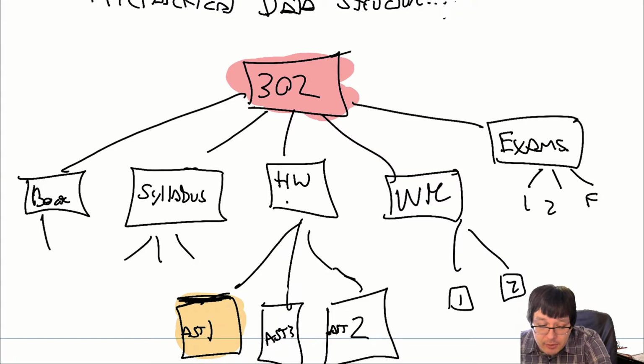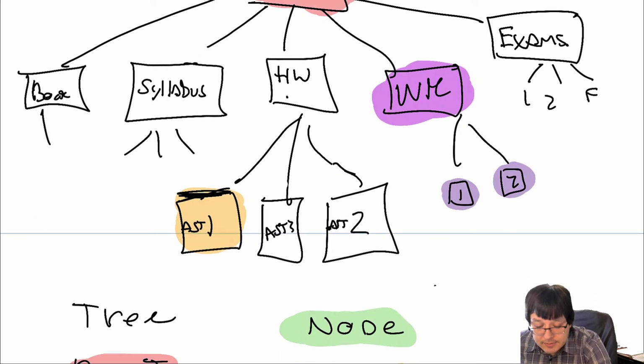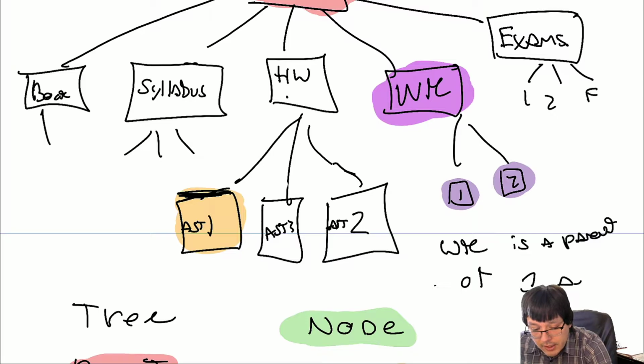In this example, we have the node that says worksheet. This node is parent to two nodes that are its children, and those are the 1 and the 2. So we would say that the worksheet is a parent of 1 and 2.